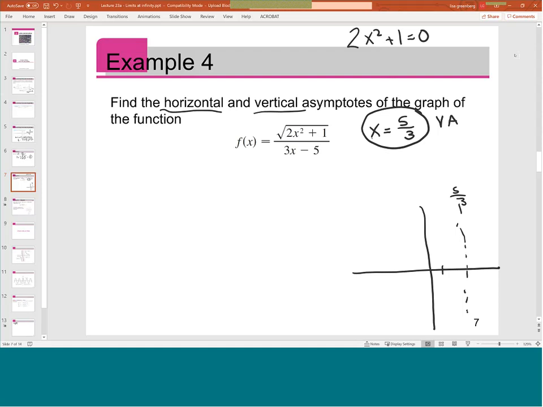Remember, what I really want to know is, from the left, I'll just write f of x instead of writing it all out, what does that equal? I'm trying to find these two things if I want to decide what happens at that vertical asymptote. Do y'all agree with that?